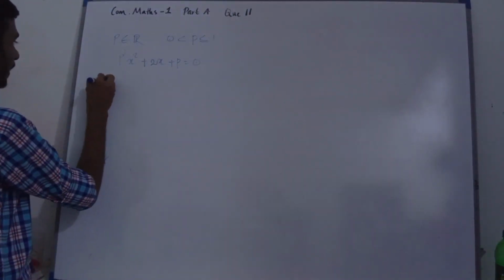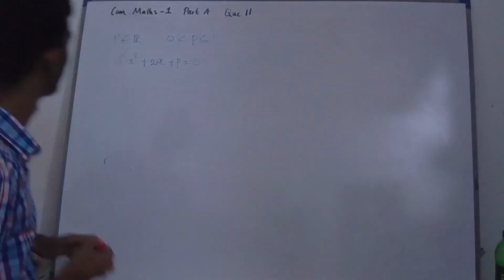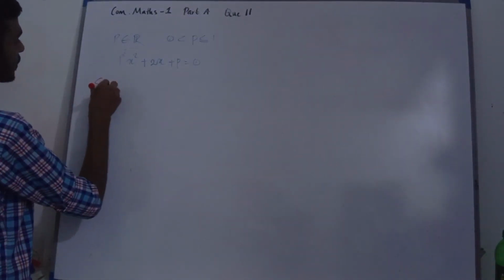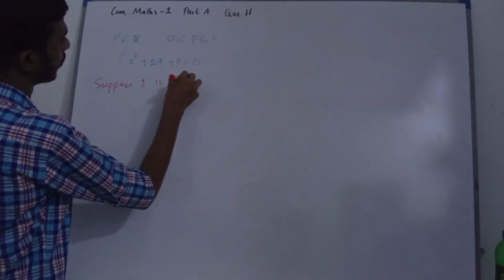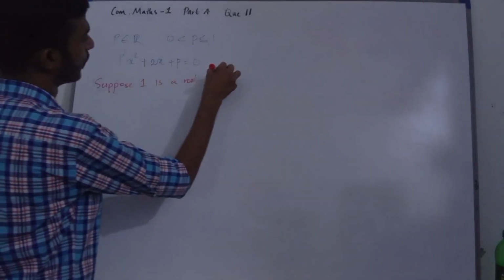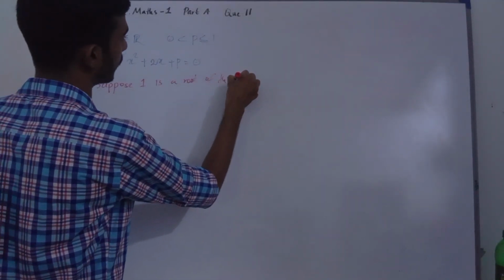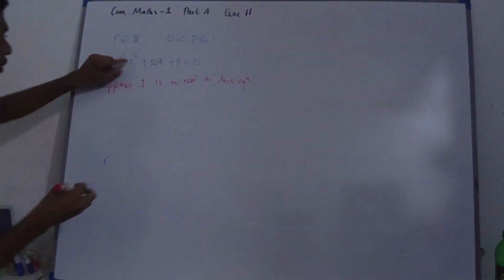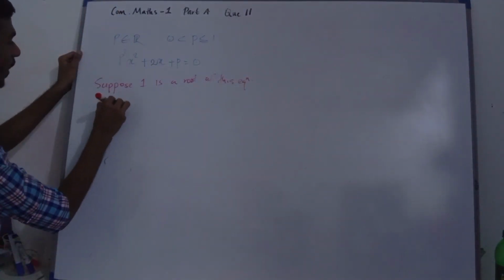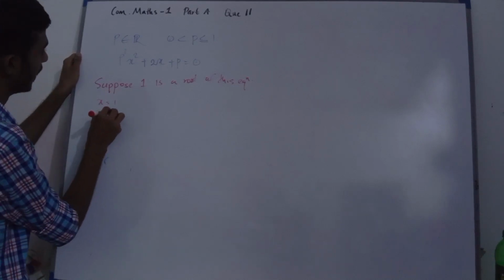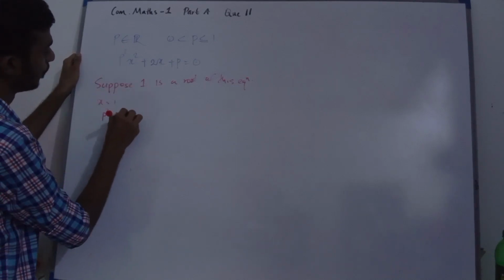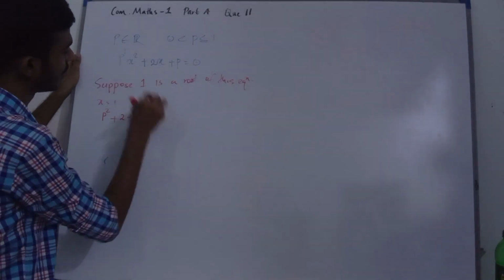So, suppose 1 is a root of this equation, right? Now by substituting x = 1, we get p² + 2 + p = 0.